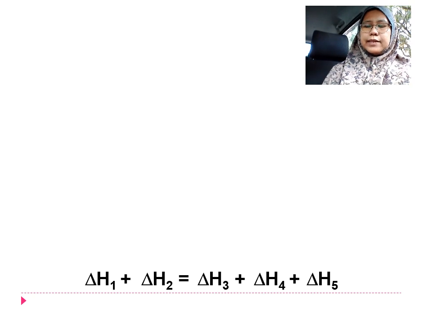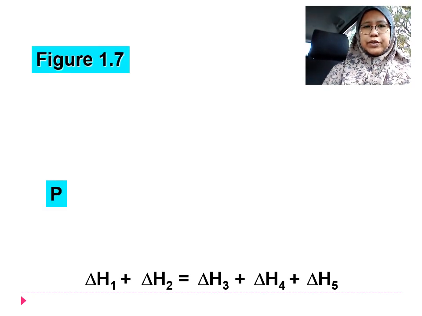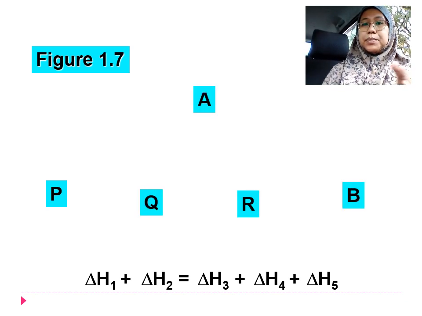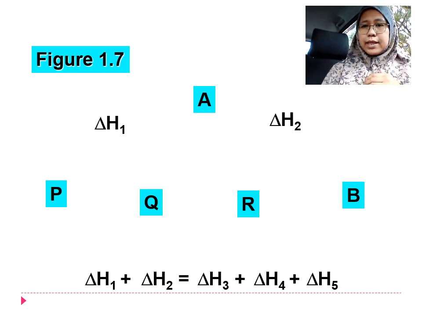For example, let's look at your figure 1.7. We want to convert P into B. So the enthalpy that is used to convert P into A is delta H1, and after it becomes A, then it would be converted into B, that is using enthalpy of delta H2.